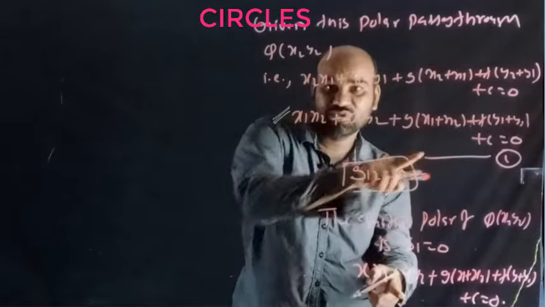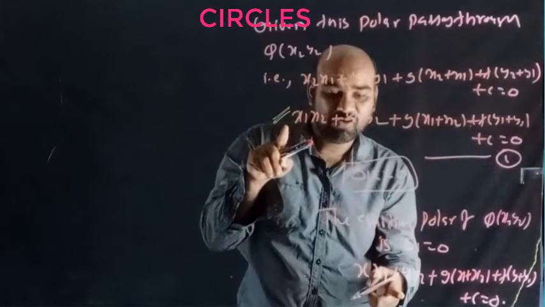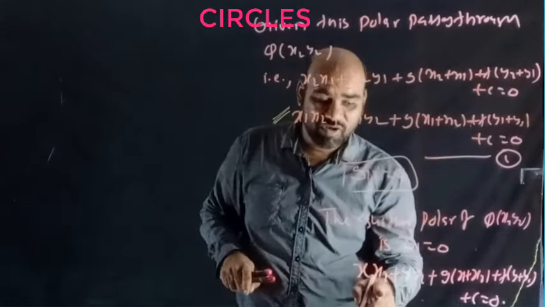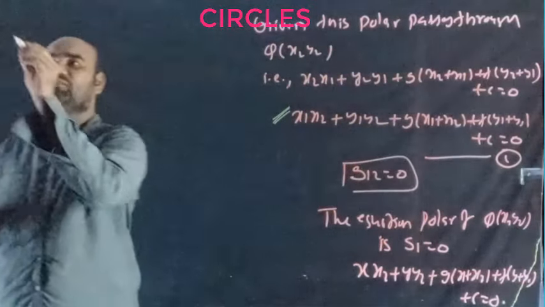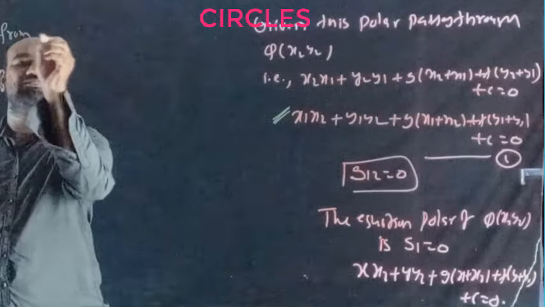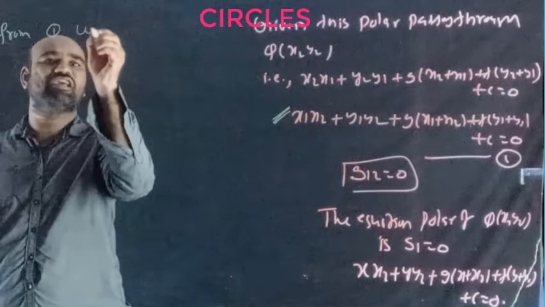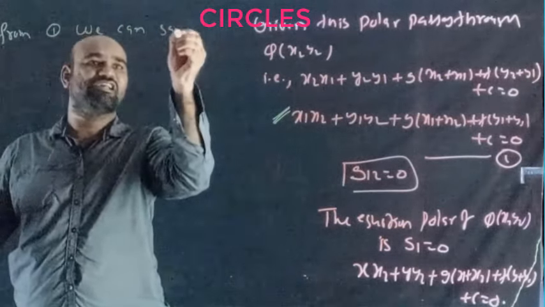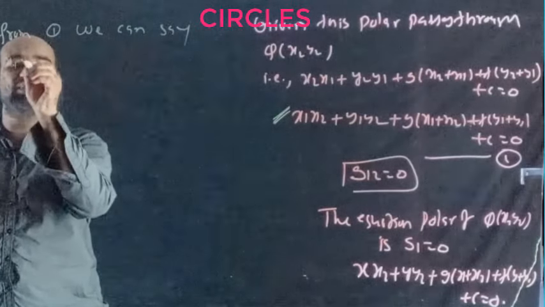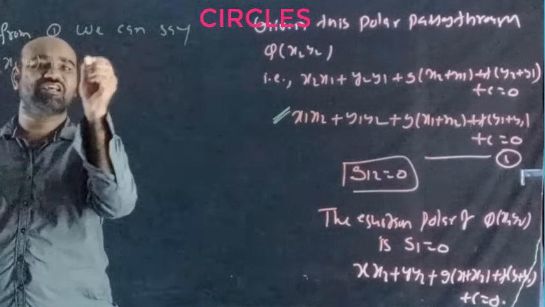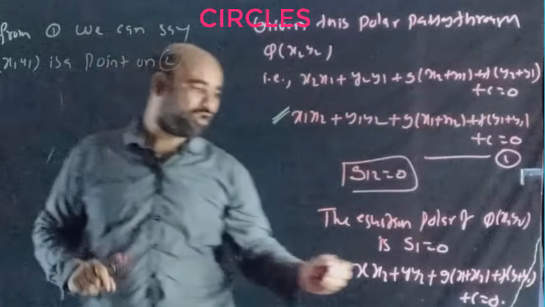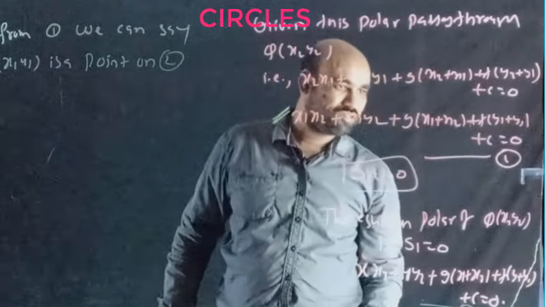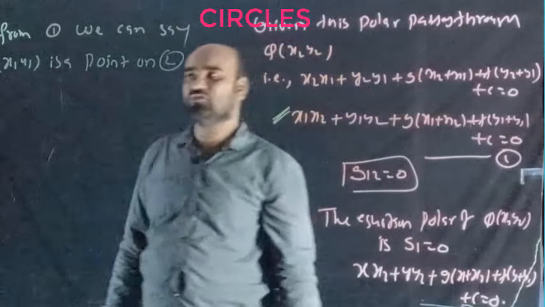By using equation 1, we can conclude that (x1, y1) is a point on this. From 1, we can say (x1, y1) is a point on 2. I am saying this is equation number 2.